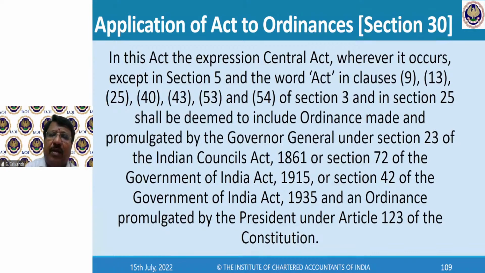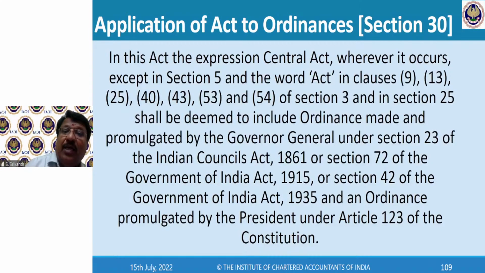In this act, the expression central act, wherever it occurs, except in section 5, and the word act in clauses 9, 13, etc., shall be deemed to include an ordinance made and promulgated by the Governor General under the Indian Councils Act or section 72 of the Government of India Act or section 42 of the 1935 Act, or an ordinance promulgated by the President under Article 123 of the Constitution.